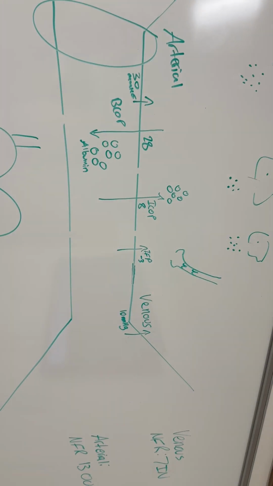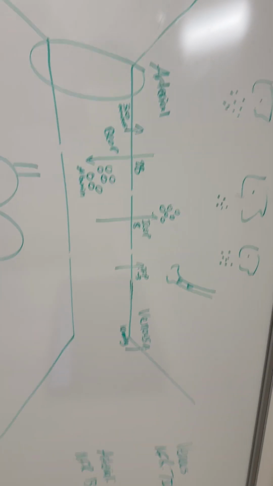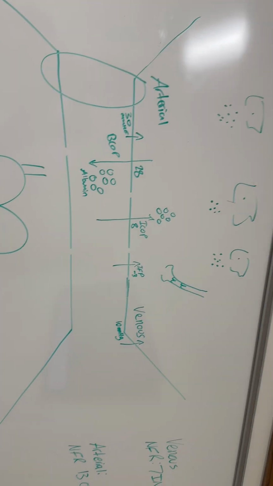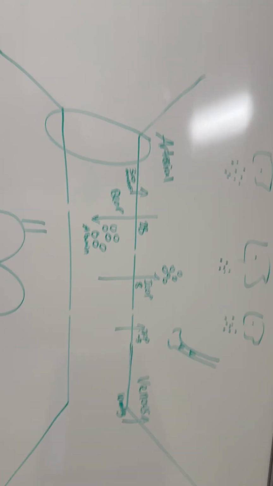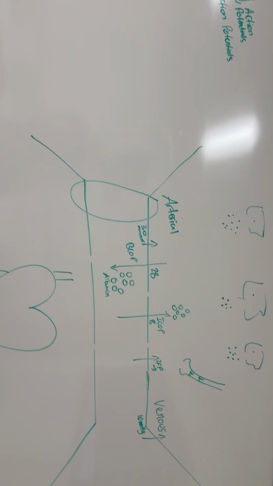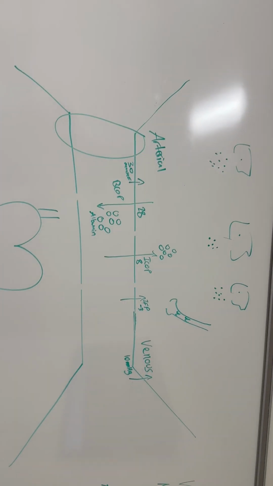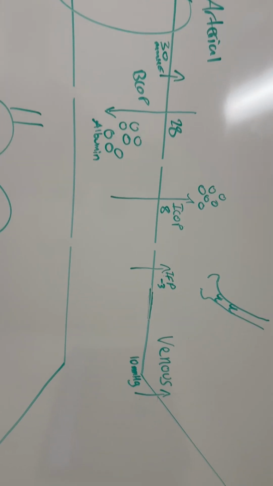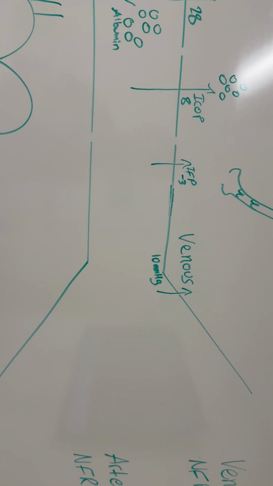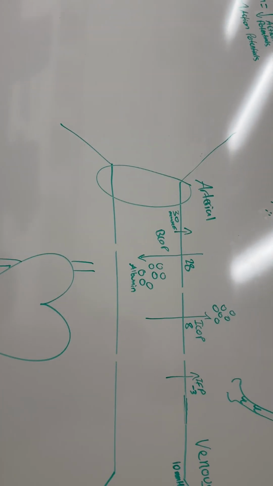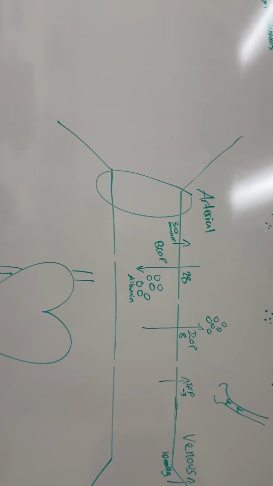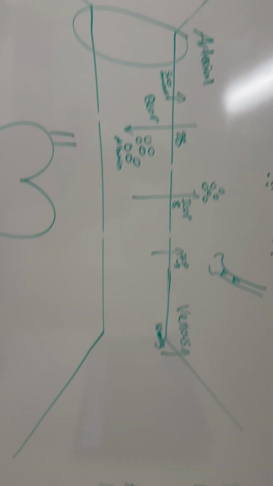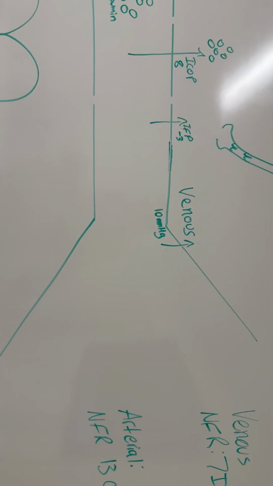Those lymph vessels are going to suck up all the fluid that seeps out of these capillaries that is unnecessary. And that's a force of about 3. It's like a vacuum. And then you have your venous. So throughout the capillary, the pressure is going to drop from 30 on the arterial side to about 10 going out on the venous side.